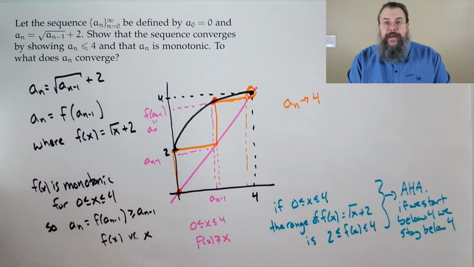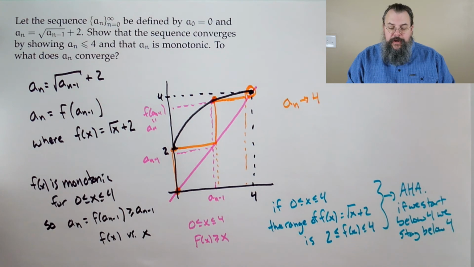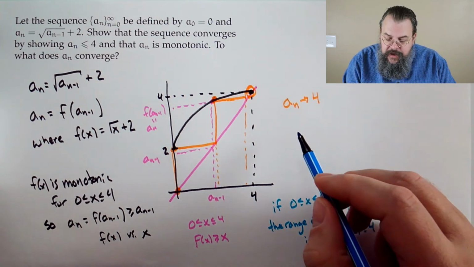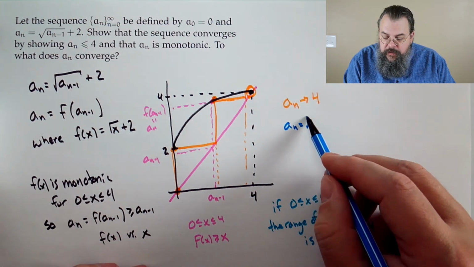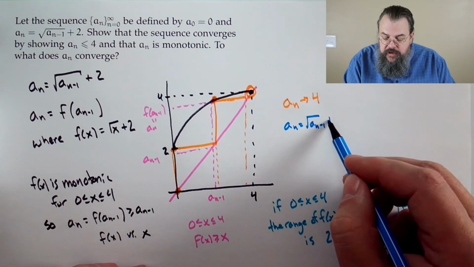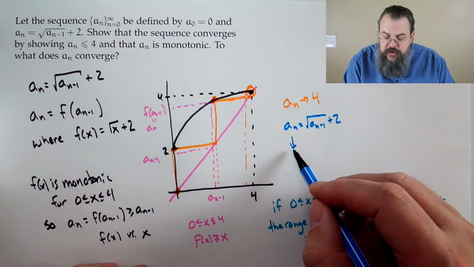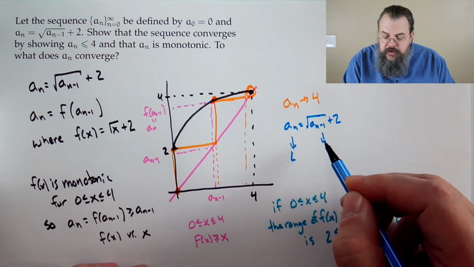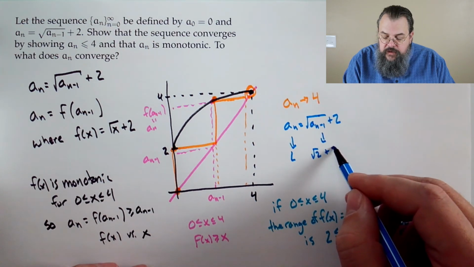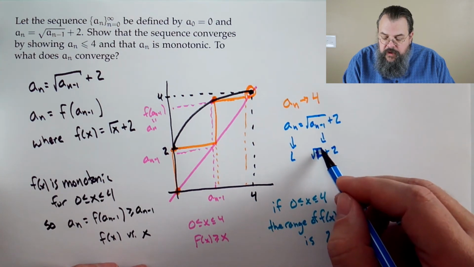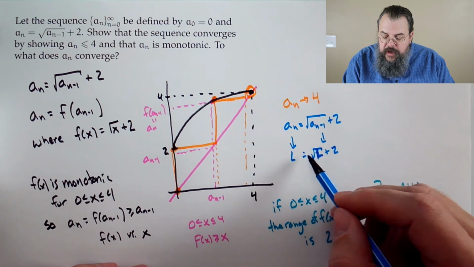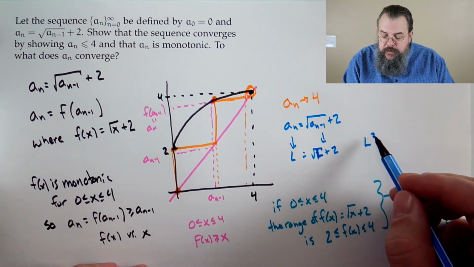Now, if you don't like that argument and you say, I'm not sure I'm convinced by the geometric picture, you can still do the same type of analysis. You say, okay, a sub n is the square root of a sub n minus 1 plus 2. That goes to L. This goes to square root of L plus 2. Now we say, all right, square both sides.